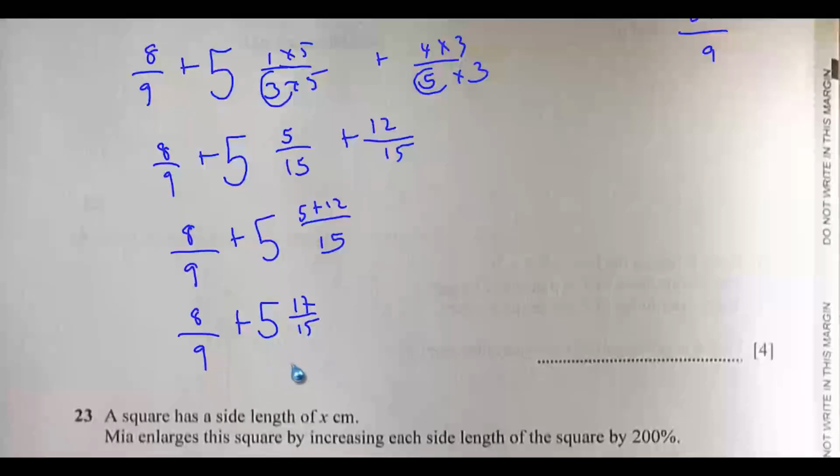So this is the same as 8 over 9 plus 5 whole. Now out of 17, we can see one lot of 15. So that means we can have plus 1 whole. Then we'll be left with 2 out of 15, so I can simplify this further.